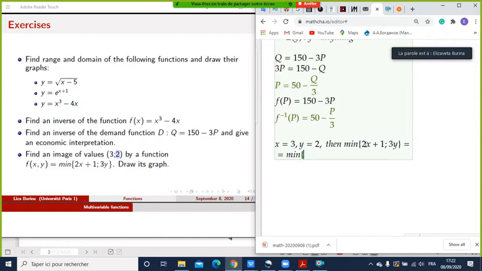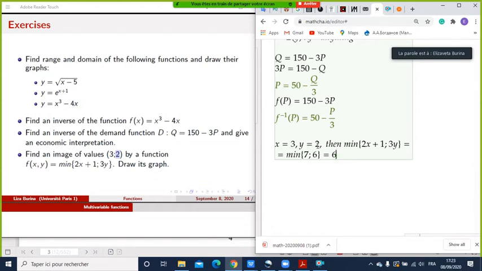In here I put 3, I get 2 times 3, 6, plus 1, 7. And in here I get 3 times y, which is now 2, so 6. Okay, perfect. So the minimum between 7 and 6, which one do we choose? Well, we choose 6 because that's the smallest number out of 2. So that's how the minimum works.